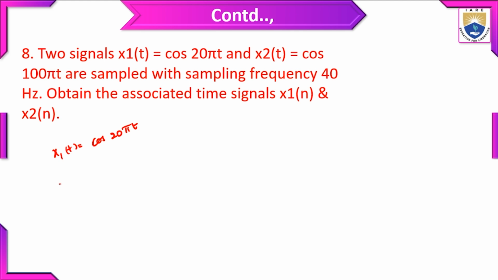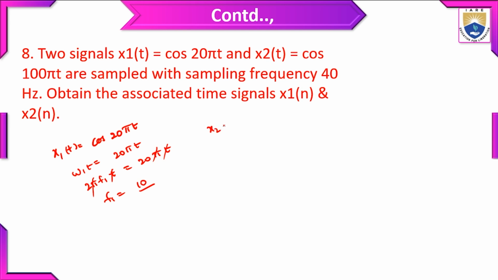So here again we take omega 1 t is equal to 20 pi t. So 2 pi f1 t is equal to 20 pi t. So t and pi are going to cancel. F1 is equal to 10 for the first one.